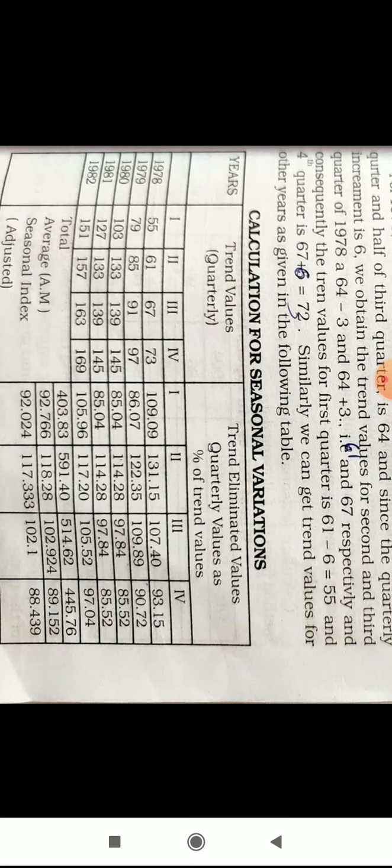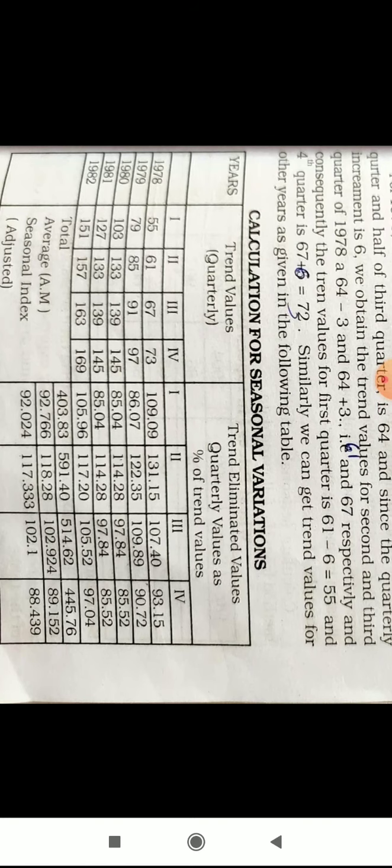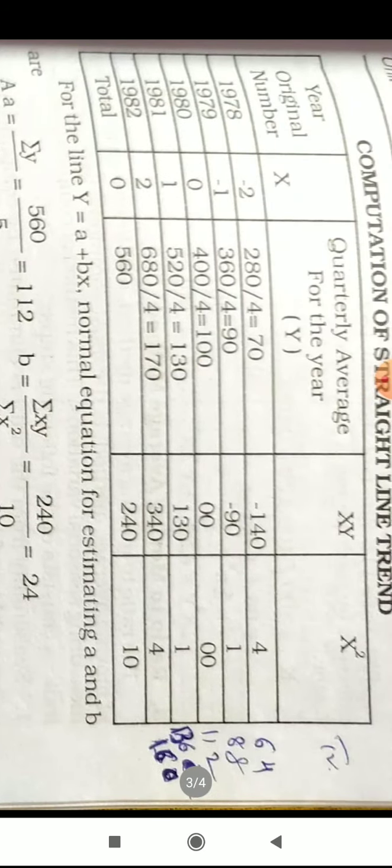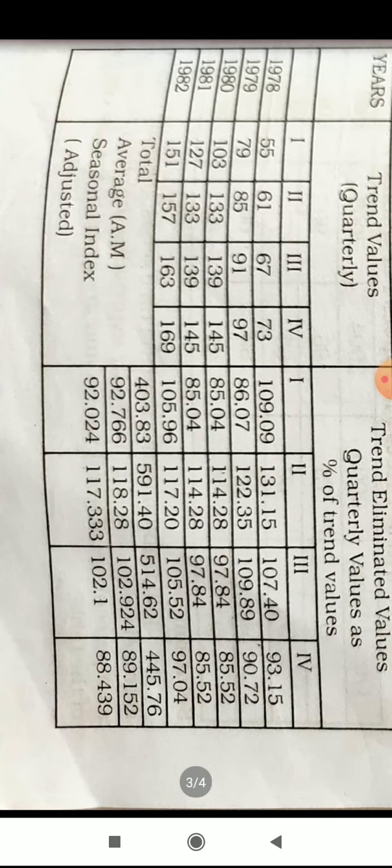Like this, for each year we calculate the quarterly trend value. For example, take 1979, where the trend value is 88. Considering this 88, for the second quarter minus 3, for the third plus 3, for the fourth quarter plus 6, and for the first quarter minus 6.